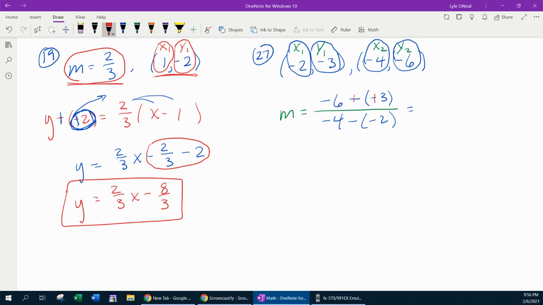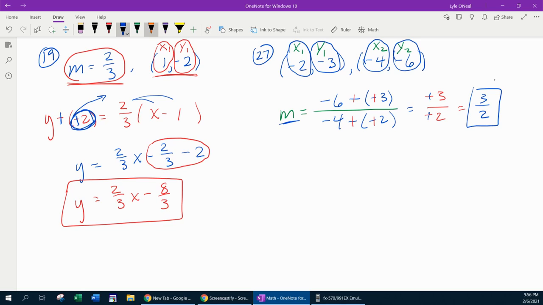Okay, so two negatives make it a plus. -6 plus 3 is -3. Two negatives make it a plus. -4 plus 2 is -2. And a negative over a negative makes a positive. Now that is not the answer. That is the slope of our line.